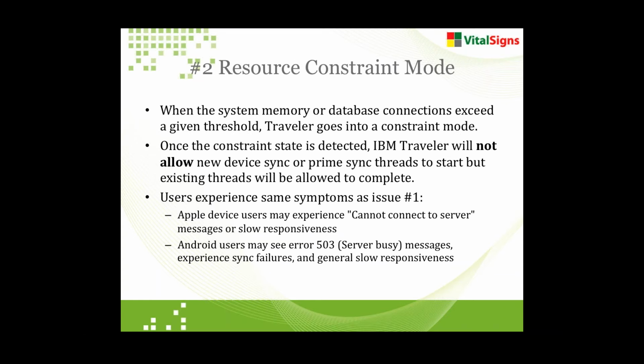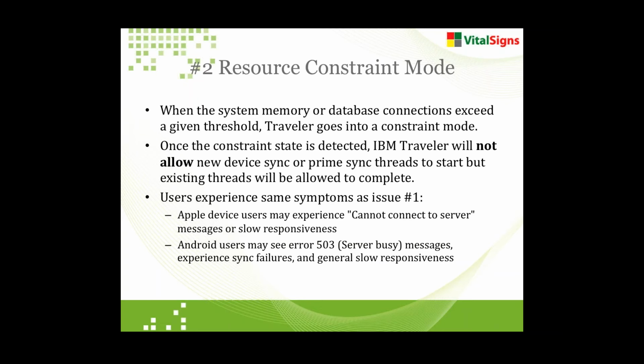The next thing, the number two problem, is when a Traveler server goes into constraint mode. Constraint mode is actually a feature that's built into Traveler, which is when the Traveler server detects that it doesn't have enough system memory, or that it's using too many database connections, or some other thresholds that are built in there, it will go into constraint mode to try to free up resources.